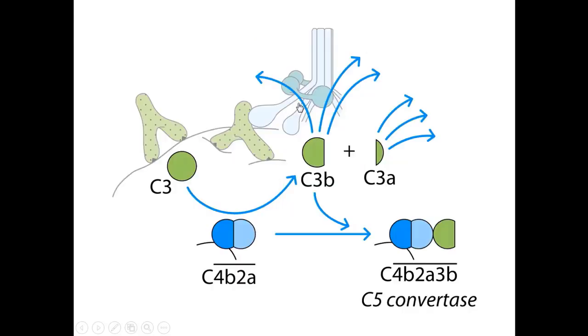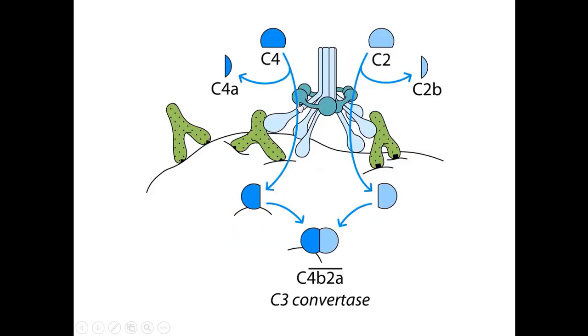First, C1s cleaves C4 into C4b and C4a. C4a diffuses away, and C4b binds to the surface of the target cell.